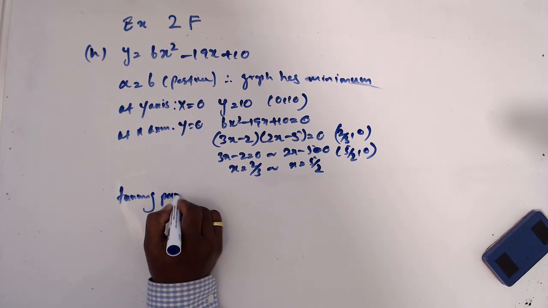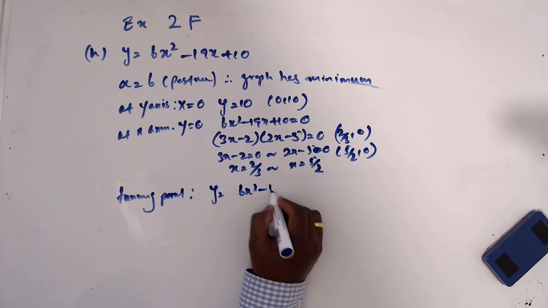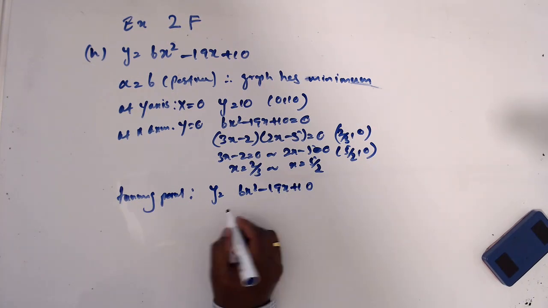Turning point, completing the square, y equals 6x squared minus 19x plus 10.